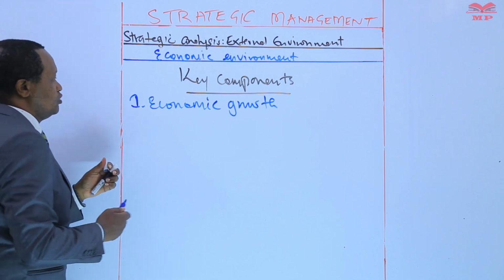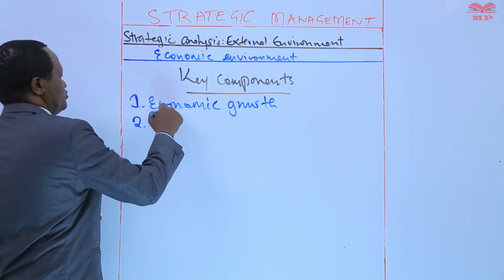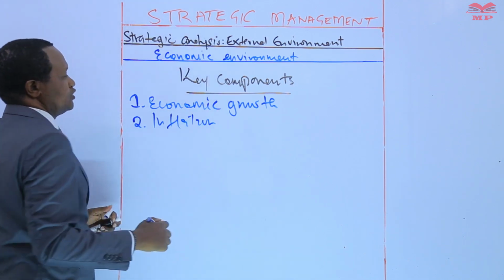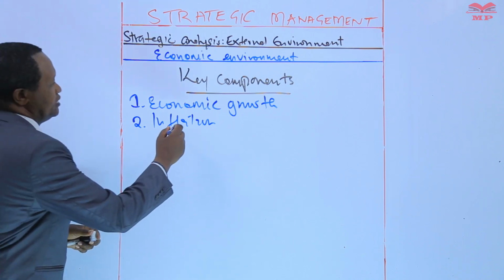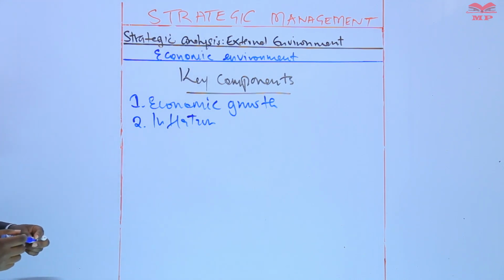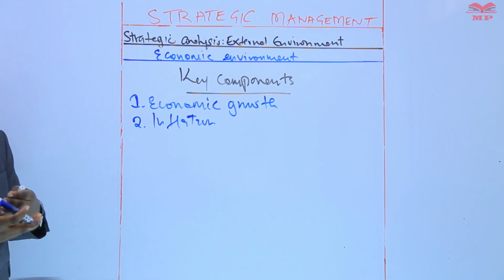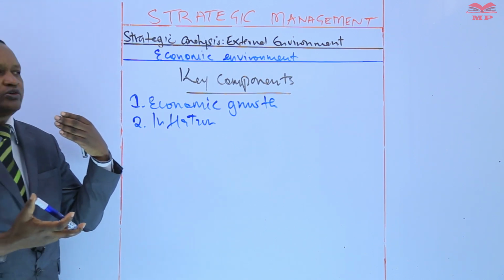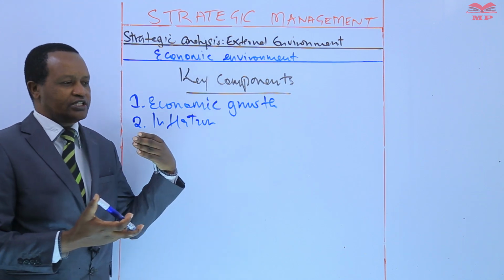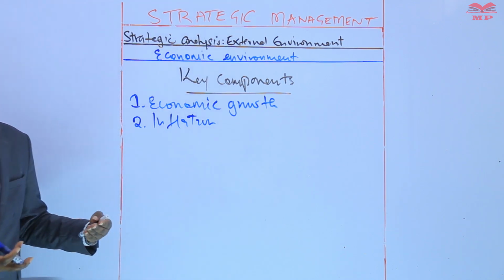Two, inflation. Inflation is the second component of the economic environment. Inflation is the rate at which the general level of prices of goods or services are rising.